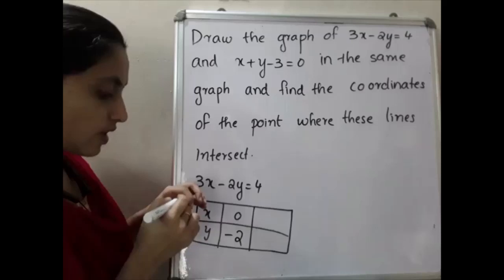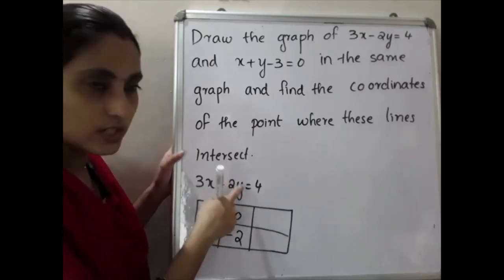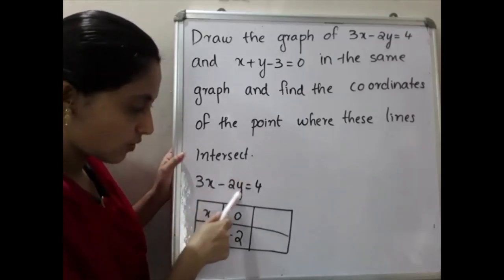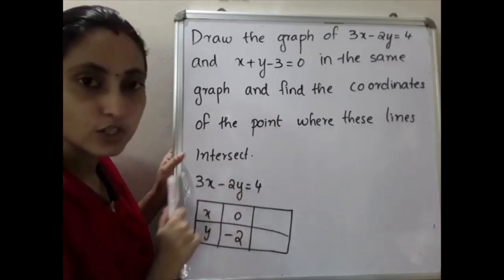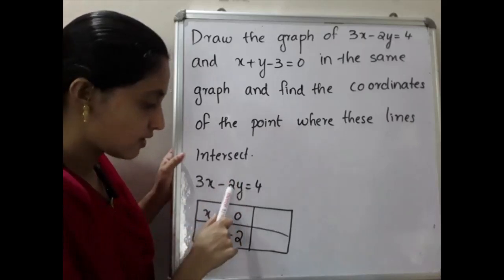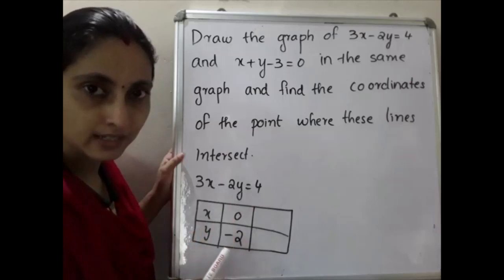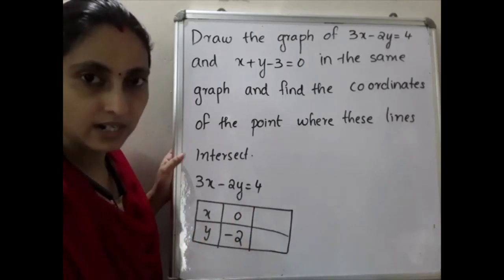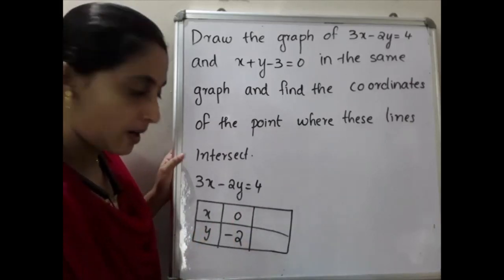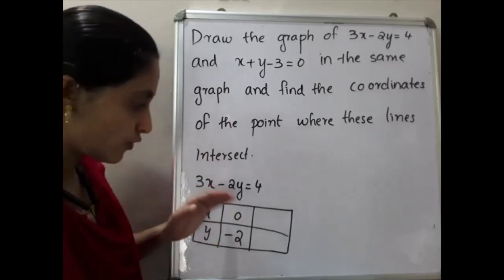Next, we put y is equal to 0. If you put y is equal to 0, 3x will be equal to 4, so x will be equal to 4 by 3. That is difficult to plot on the graph, so you have to find the next value.